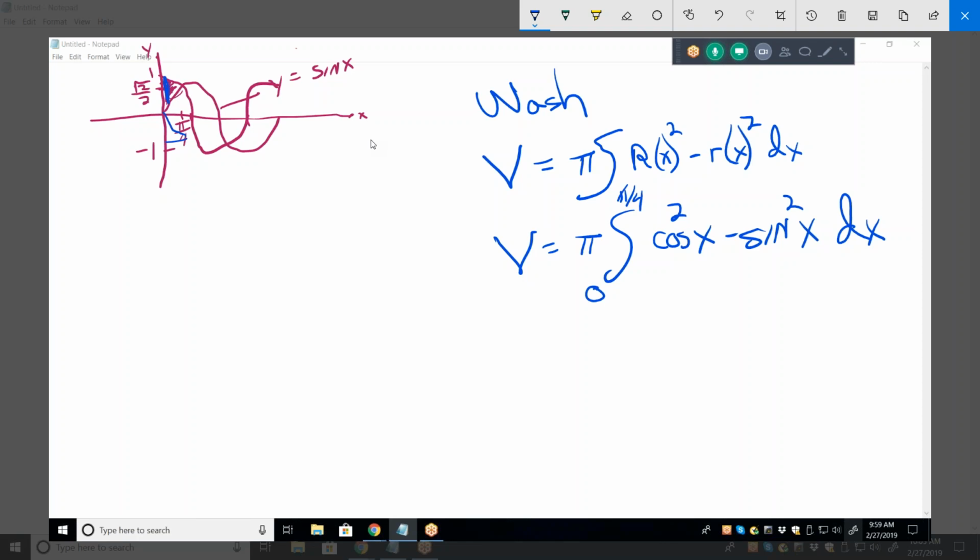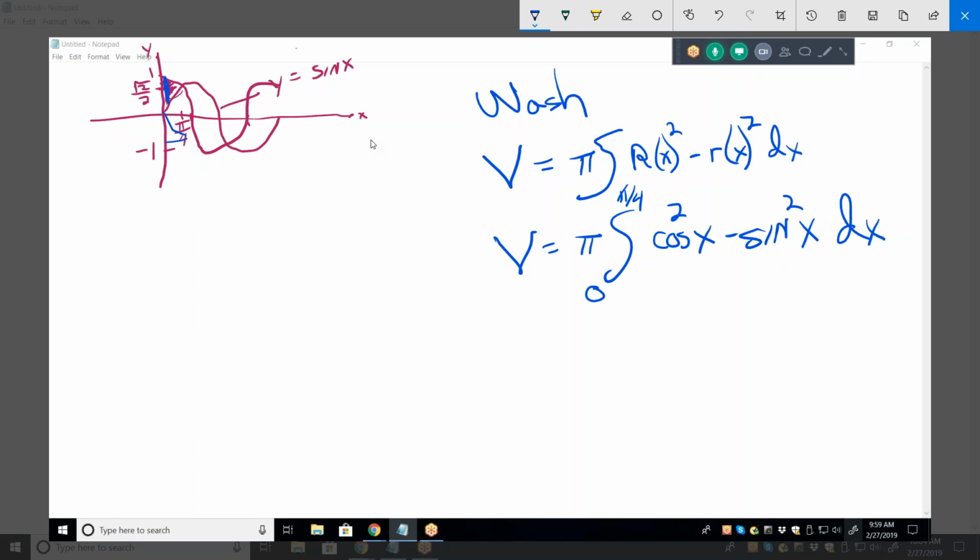Now, this is a little trickier integral to solve than it looks. We could certainly say that it's the integral of cosine squared minus the integral of sine squared. But believe it or not, those aren't easy to find.